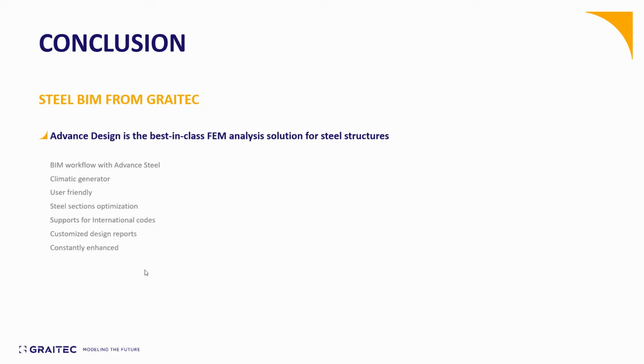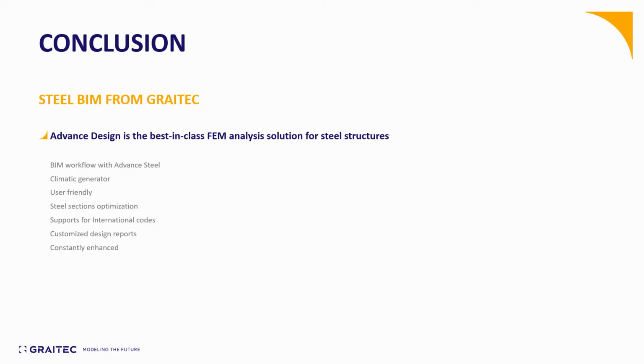So as you saw, Advanced Design is the best-in-class finite element analysis solution for steel structures. We went through the BIM workflow with Advanced Steel. We saw how Climatic Generator can help you to create the loads in Advanced Design and apply them to your structure automatically. As you saw, it is very user-friendly, both the Advanced Design software and the synchronization mechanism.